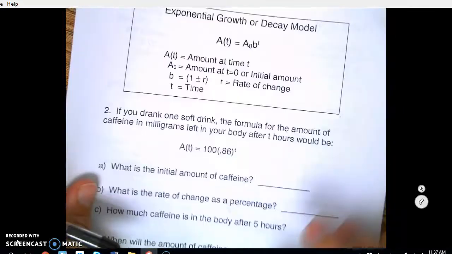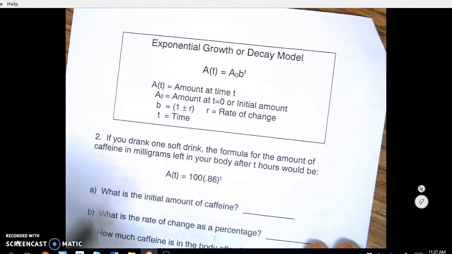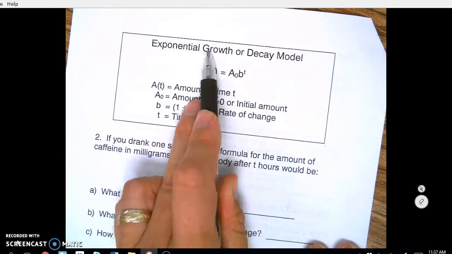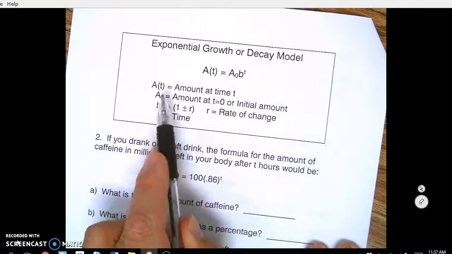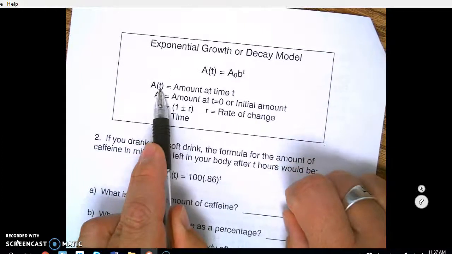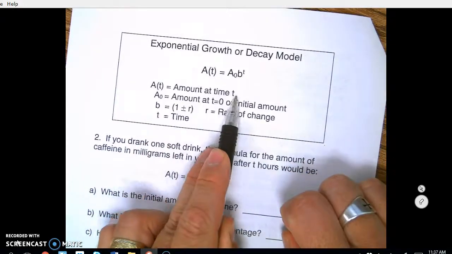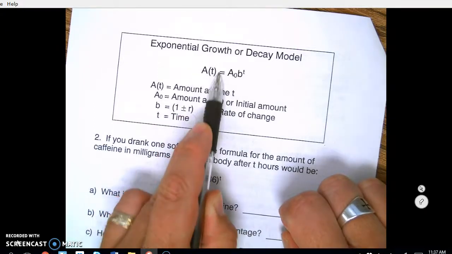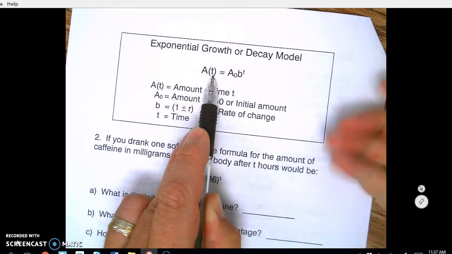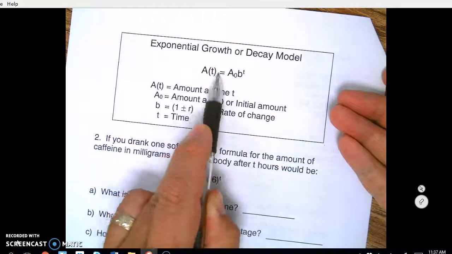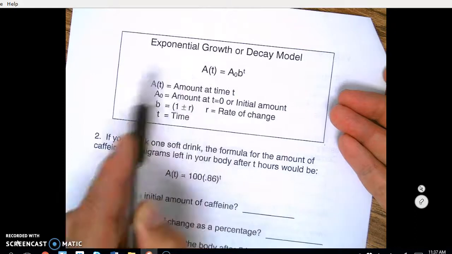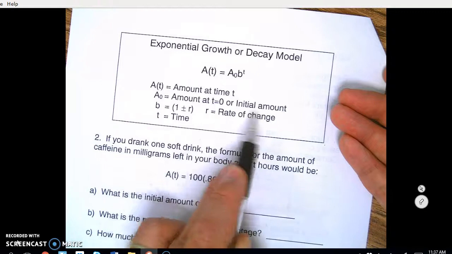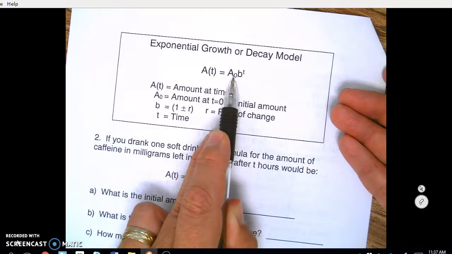Turn the page. Here is some information for an exponential growth or decay model. Notice that A of T is the amount at time T. So this is the amount, like Ashley's salary at time 0, which would be $40,000, and so on. A sub 0, 0 representing the initial amount, so this is going to be 40,000, the starting amount.